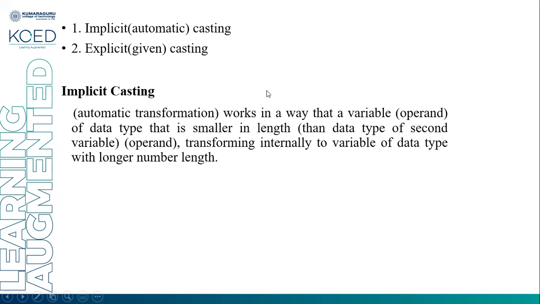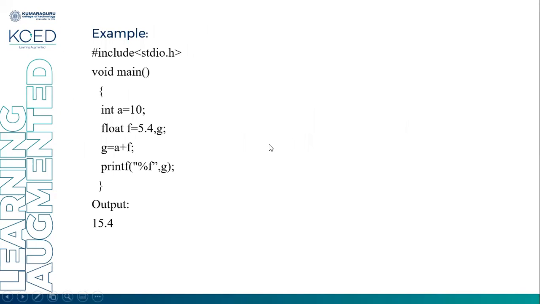Integer consumes less memory compared with float. Integer will consume 4 bytes, and float will consume 8 bytes. So integer will automatically convert into float. The operand which is smaller in length is automatically converted into the data type of the larger variable.